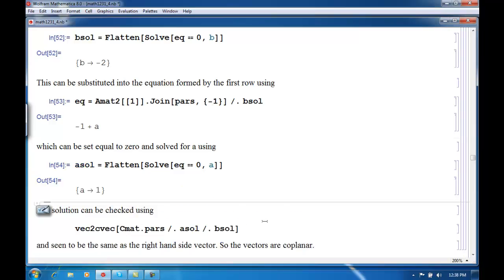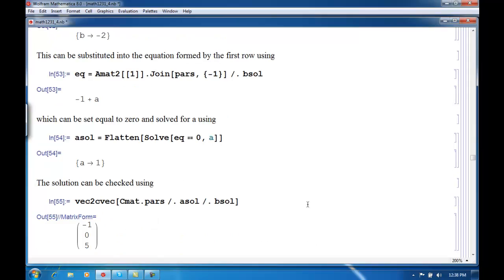And so we have found unique values for a and b such that the third vector is a linear combination of the other two. We can check that by regenerating the equations and then inserting the solutions, and we can see that that is indeed the third column.